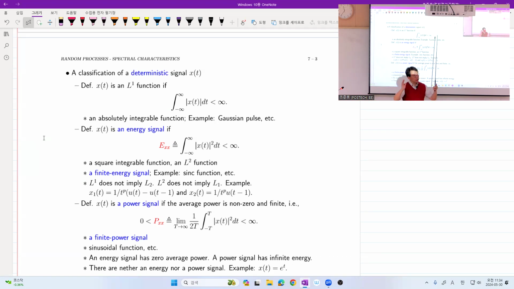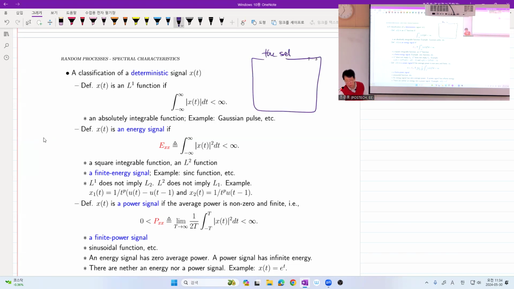Actually, L1 is a set of functions. So here is the set of all x of t. Then here is the L1 set. And a function being a member of that set means what?